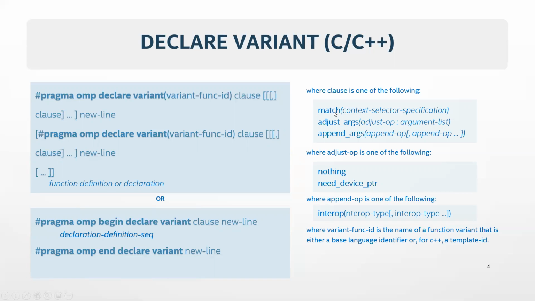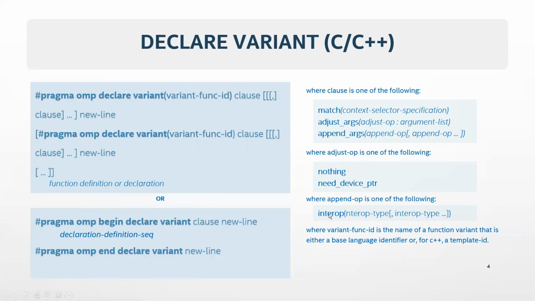So moving on to the clauses. As I said, initially in 5.2 there was the match clause. Now we introduced adjust_args and append_args. I'll explain more of these. Basically, for adjust_args the adjust-op is either nothing or need_device_ptr. These are the two currently provided ones.